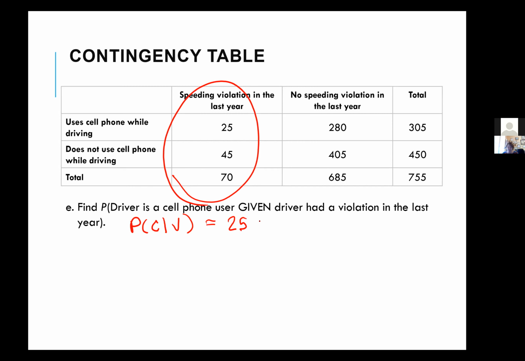And how many of them got violations? Well, 70. So again, you can see in a conditional probability, the sample space is reduced. The sample space is not the 755. The sample space is the 70. 25 out of the 70 were using a cell phone and got a violation. So the probability of using your cell phone given that you had a violation is 25 out of 70.